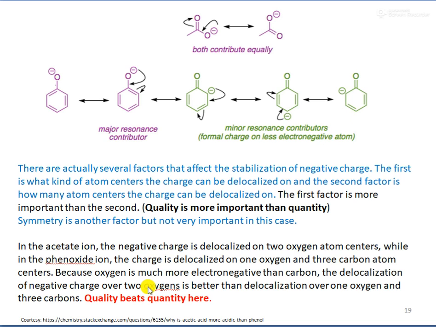So here the point is that the quality beats the quantity. Even though there is more quantity of resonance structures in the case of phenol, the quality of the resonance structures in the carboxylate ion is greater. That is why the carboxylate ion is strongly acidic when compared to phenol.